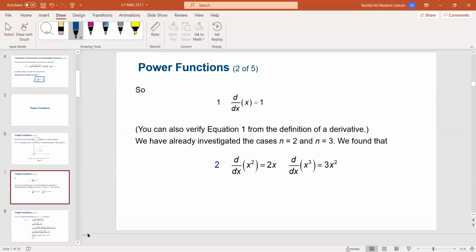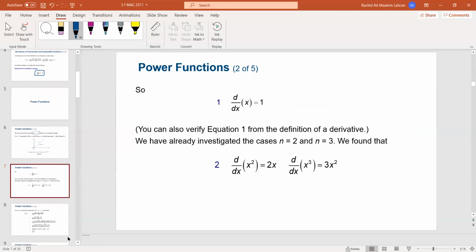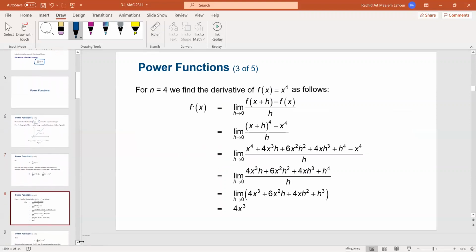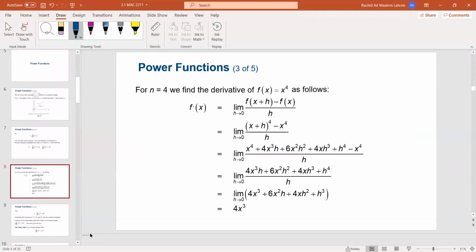If you try the formula that we did in the past, you'll find these things: 2x for the x squared, the derivative of x cubed is 3x squared, and of course you can prove it by, let's say, taking x to the 4th. But now we're going to adopt these formulas, so we won't have to go through this process again. We've done this process multiple times, so if you want to investigate, you can.